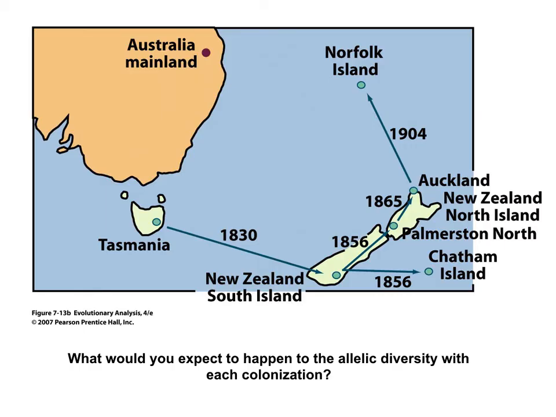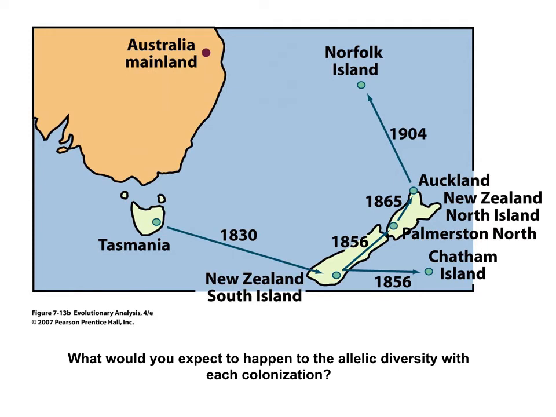So here you have the dates of the different colonizing events: 1830, Tasmania to New Zealand South Island. Then you have range expansion within the South Island, and then a few years later going out to Chatham Island, to the North Island of New Zealand, then up to Norfolk Island. And so here we have a nice series of historical dates and different colonizing founding events.